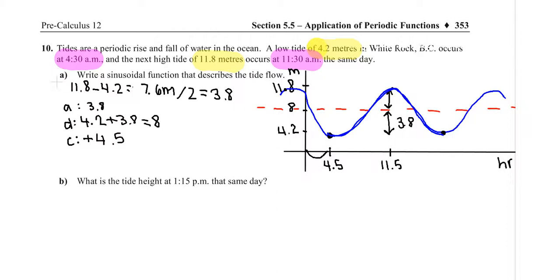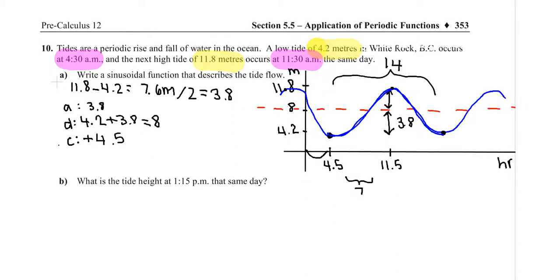So now we can find the B. But first, before we find the B, you have to find the period. The information that we have is we know that this is the minimum, this is the maximum. So this is half a period from here to here, and the difference here is 7. So if 7 is half a period, then we know that 14 is a full period.